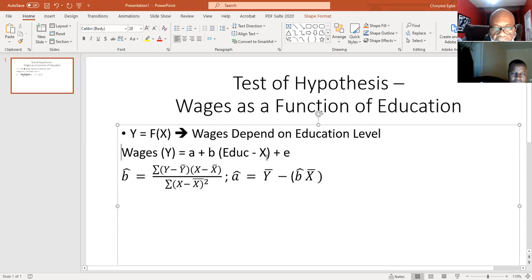Now, what I have done is to set up these summations. The summation y minus y bar times x minus x bar, and I have y bar and I have x bar. So I'm going to put them up, and then we estimate B using B hat and A using A hat. How do we go about that? I'm going to pull up the information.